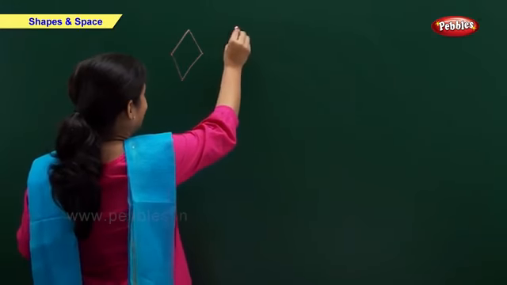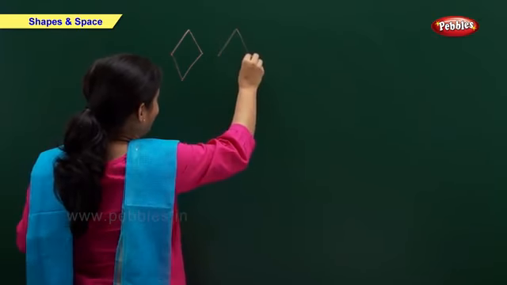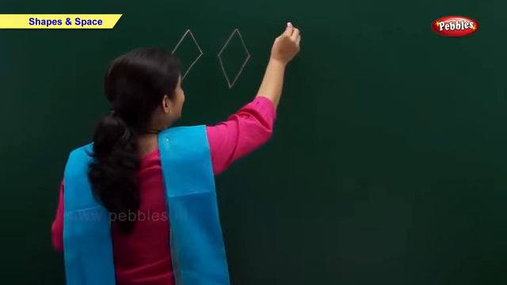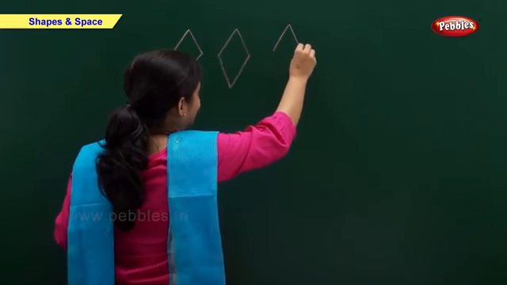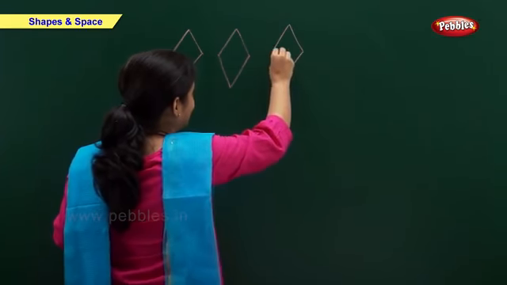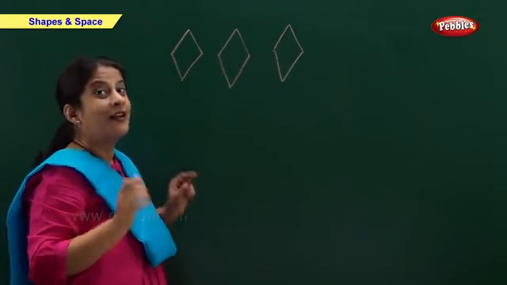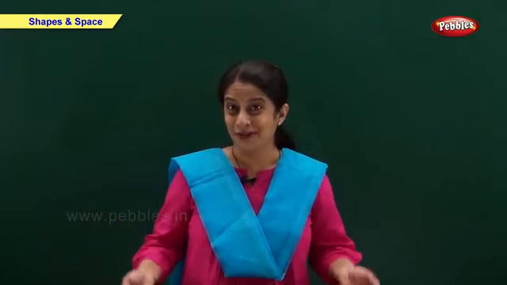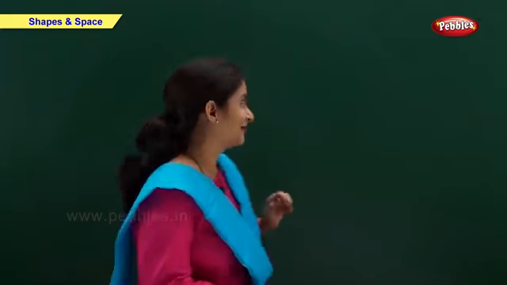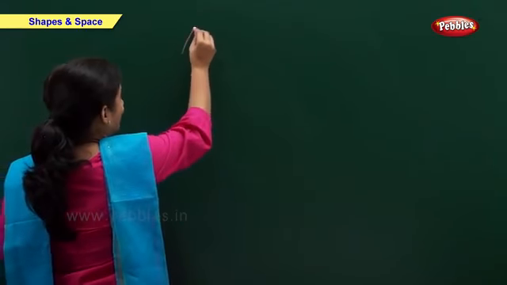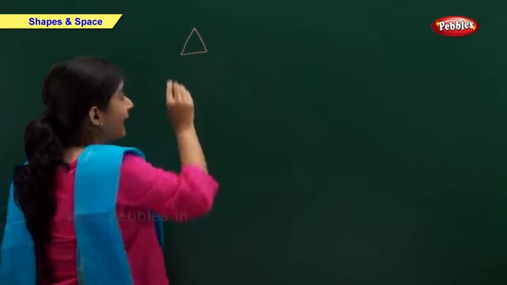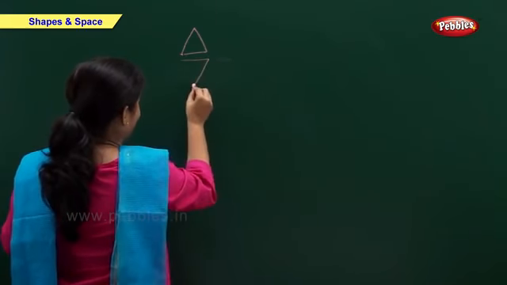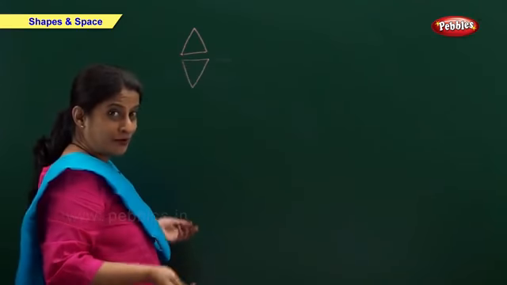Diamond. Diamond. You know friends, the shape of a kite is like a diamond. Now let's draw a star. I have a triangle here. And there is one more triangle.